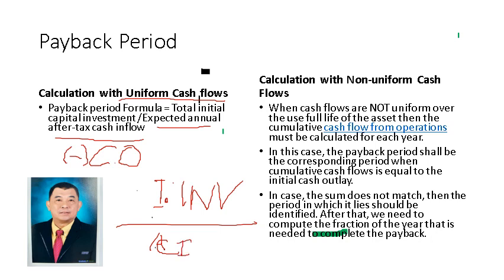However, there is a particular compliance here, and the compliance is that expected annual cash inflow should be after tax, and usually corporate tax is 30%, divided by 100 gives you 0.3.